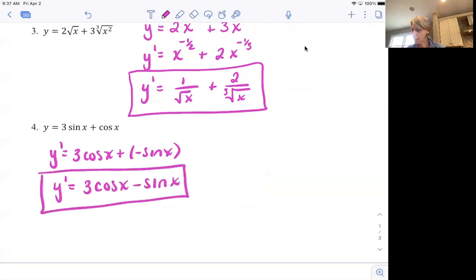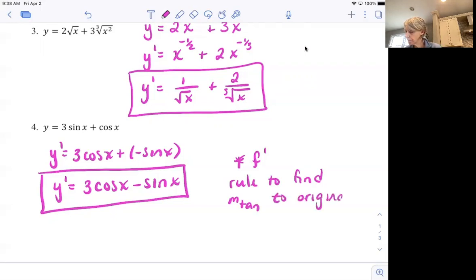And remember, every time we find the derivative, it's a rule to find the slope of the tangent line to the original function at any given x value. Okay, that's what this rule represents.